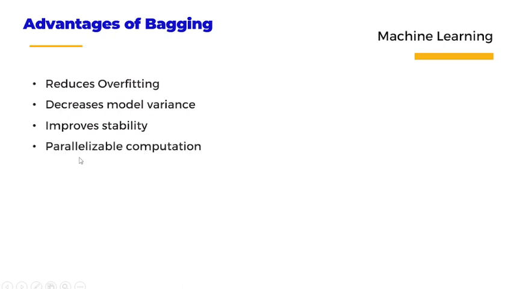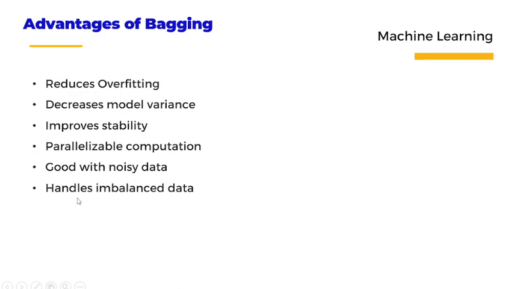The next one is parallelizable computation. Each model in the ensemble can be trained independently, allowing for parallel processing and efficient use of computational resources. Next is that it works well with noisy data. The averaging process helps in reducing the noise in the final predictions. Next, it handles imbalanced data.